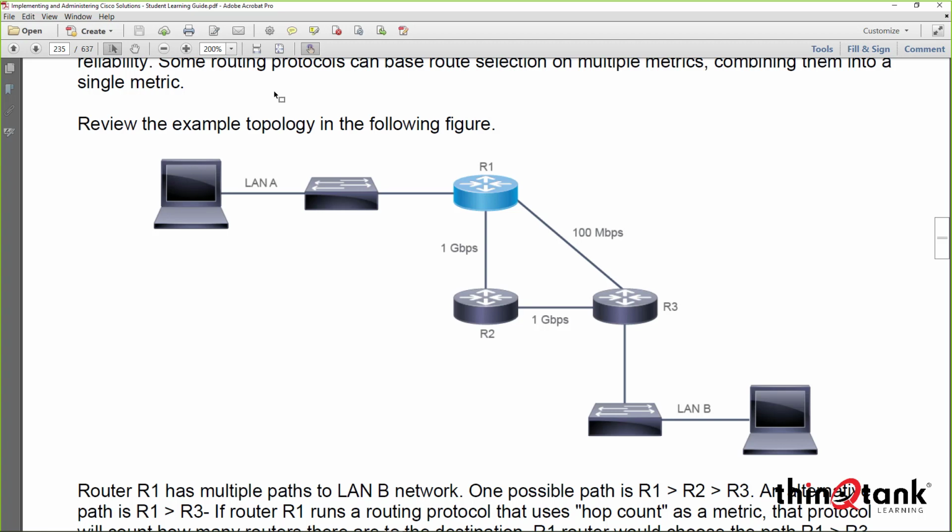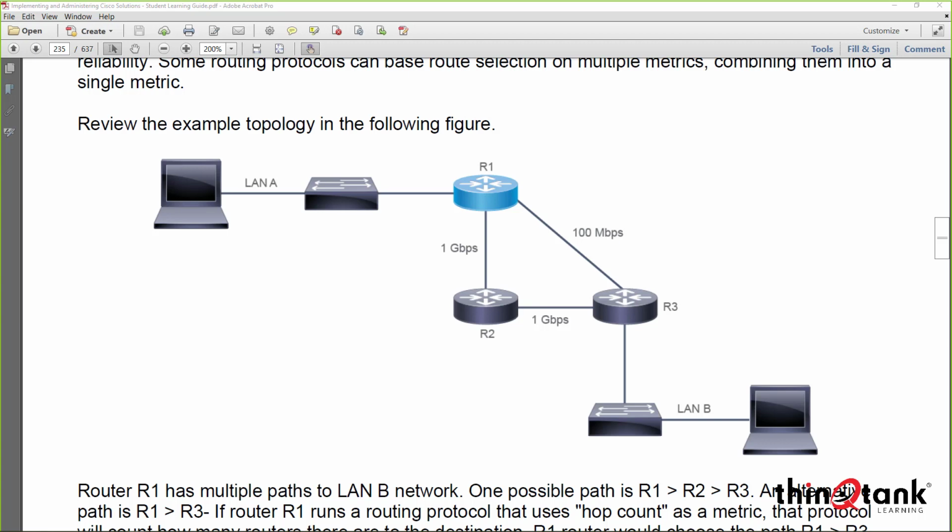We're measuring bandwidth based on a theoretical value, the configured value, or the default value for a particular interface, right? Fast Ethernet, 100 meg per second, gigabit interface, 1 gig per second, and so on. All right? But yes, that is a way, by the way, of influencing path selection by changing the bandwidth.